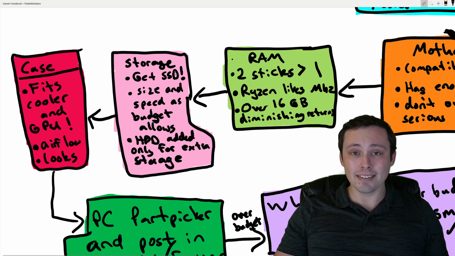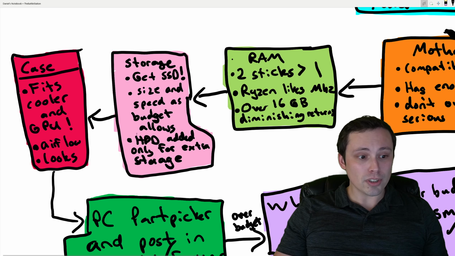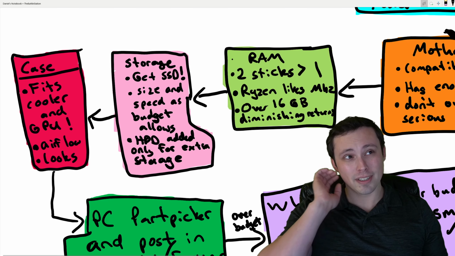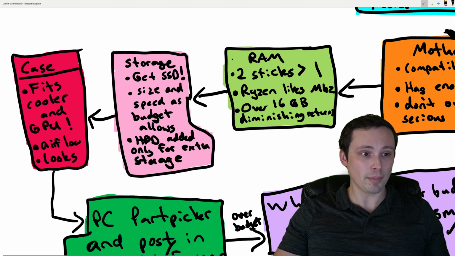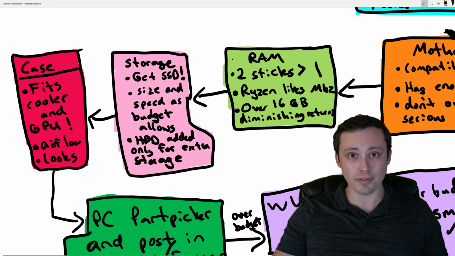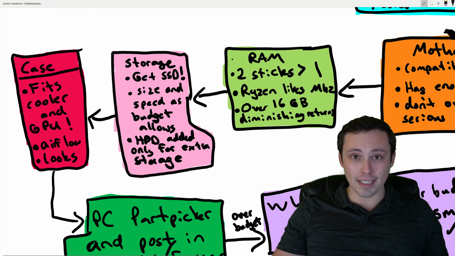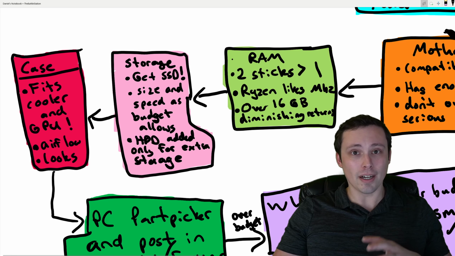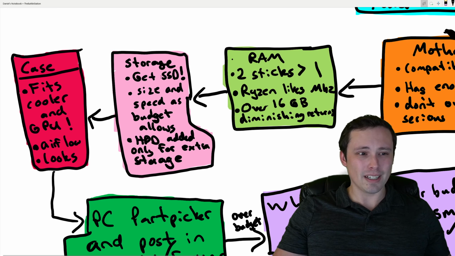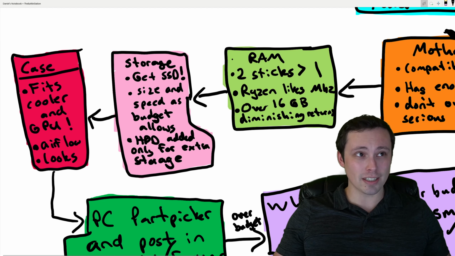All right, next you can start thinking about your storage. Now, I would say get an SSD. Don't just get a hard drive, even to save the budget, unless for some reason you're doing the most budget build absolutely possible. SSDs aren't that crazy expensive right now. Get one. It's going to be a night and day difference in terms of the speed of your computer. However, some of them are kind of garbage compared to others, so I would definitely look up reviews for these things. For example, don't get an SSD that doesn't have a DRAM cache unless it's an NVMe.